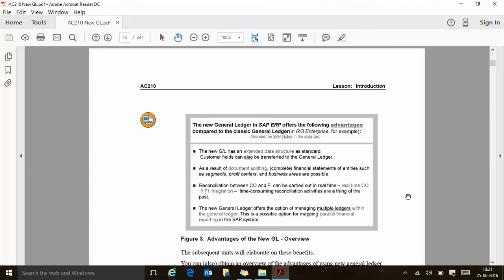So via document splitting, we can complete the financial statement by business unit. Reconciliation between FI and CO can be carried out in real time, and time consuming reconciliation activities are a thing of the past now. So there are no more reconciliation efforts.